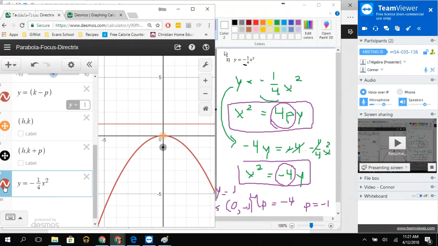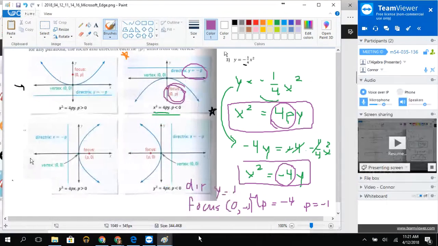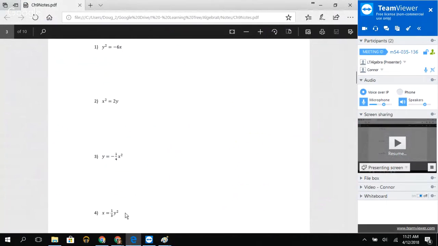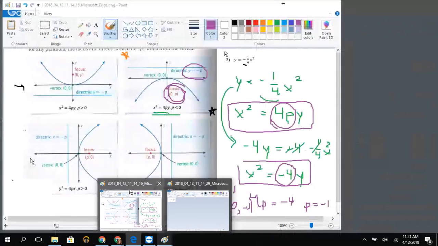One more really quick. We'll just do number 4 since we're here. Number 4 is x equals 1/3 y squared. So if I look at that, I have a y squared term. And if I go back to my paper here, I have a y squared term.